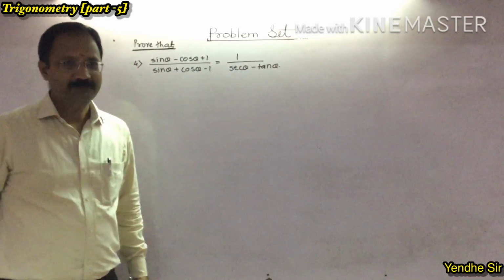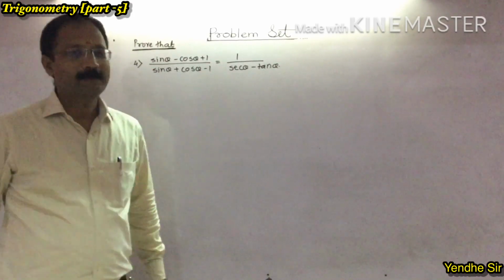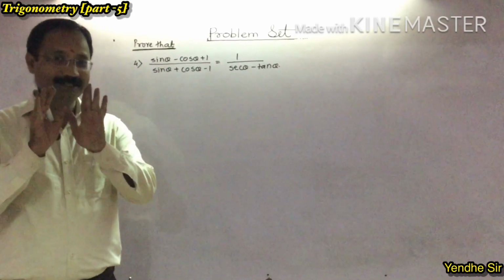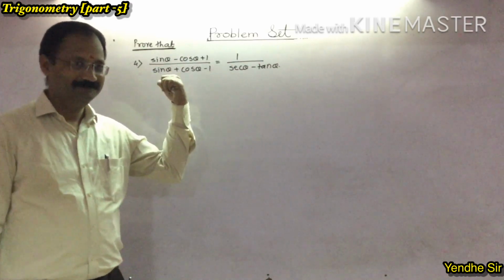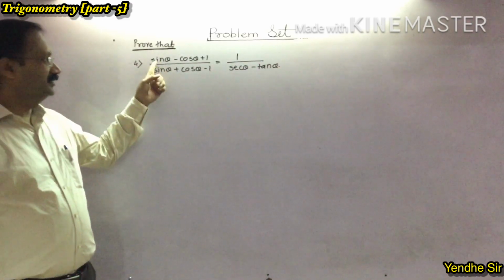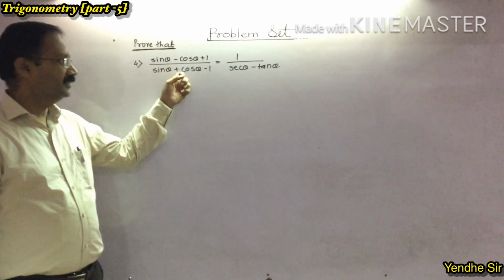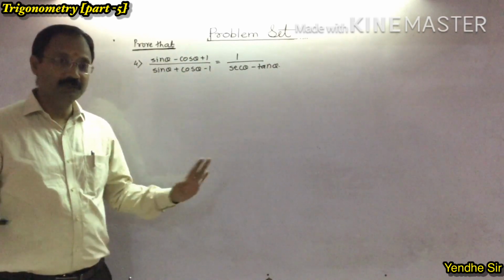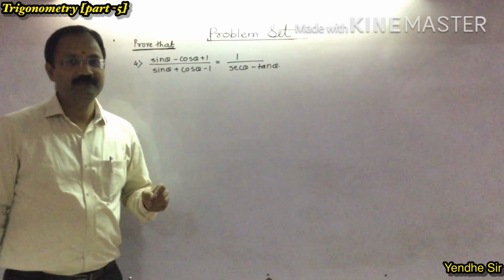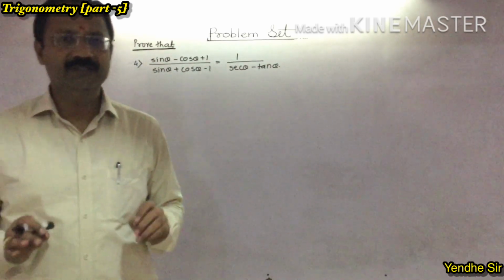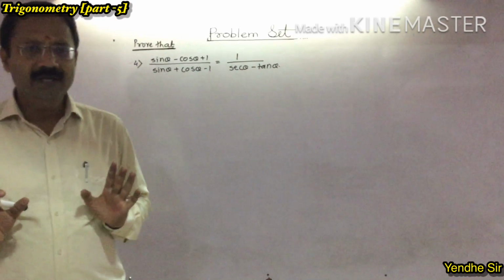Let's start with sum number 4. But this is a totally different sum. Observe it. What do you observe? Sin theta minus cos theta plus 1 over sin theta plus cos theta minus 1. This is a totally different thing. And let me tell you one thing that you have to remember.